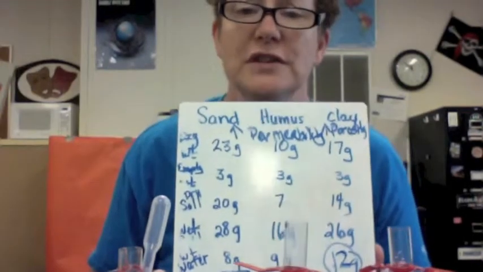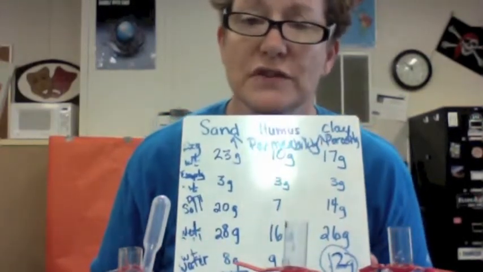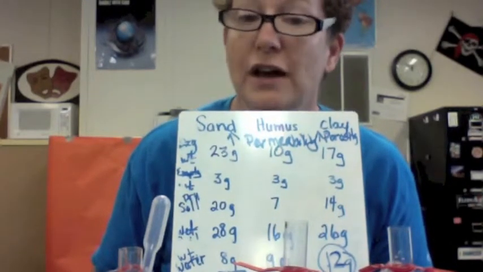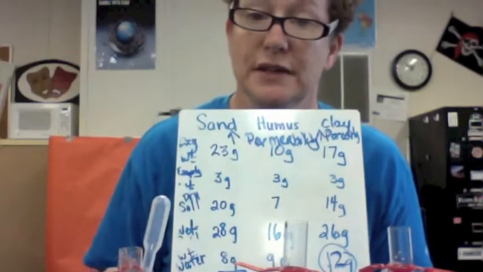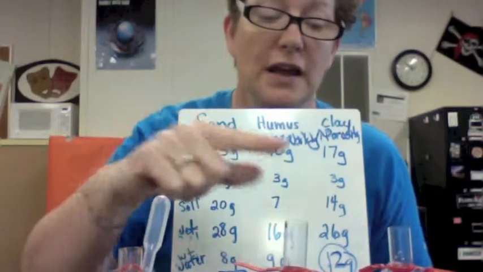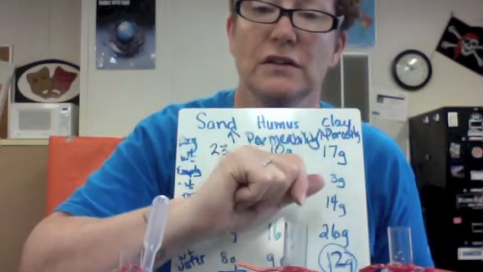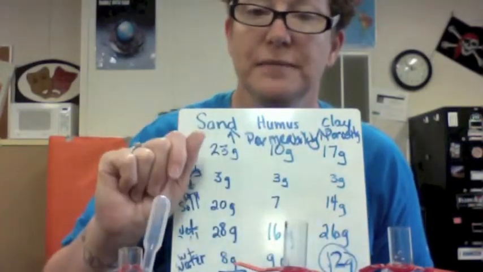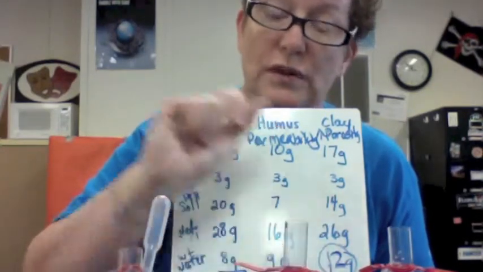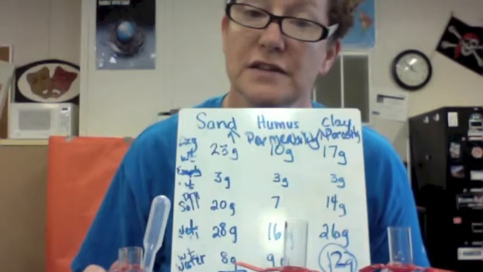Now, most of the time when you go to ask the extension service about how to make your soil better, they're going to tell you to add one of these three things. They're going to say if you need nutrients, you need to add some clay. Okay? If you need water holding ability, you need to add a little bit of clay. If you need water drainage, then you need to add a little bit of sand.